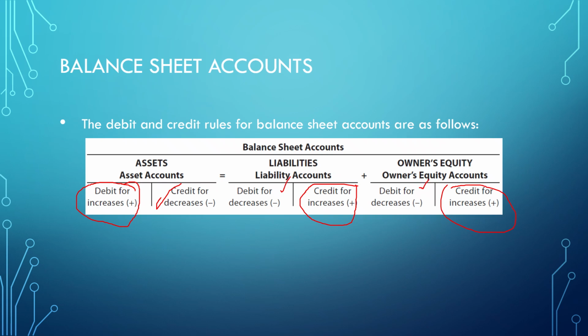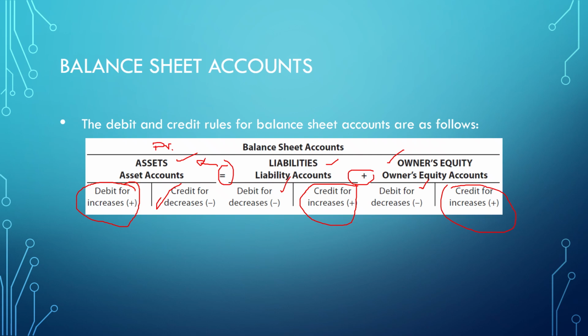So take note, remember the accounting equation? Assets equals liabilities plus owner's equity. On the left side of the equal sign is your assets, right? So the assets' normal side is the left side. The left means the debit, right? That's why the normal side of assets is the debit.